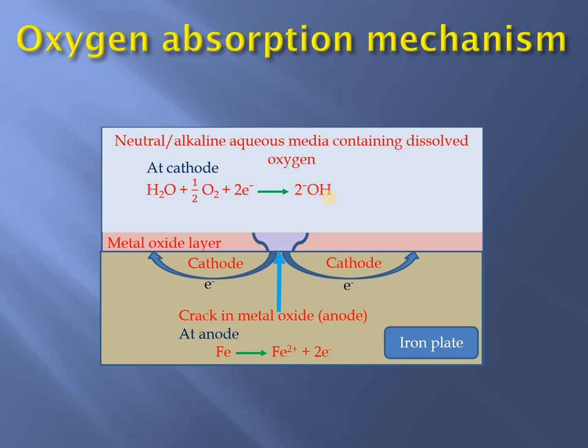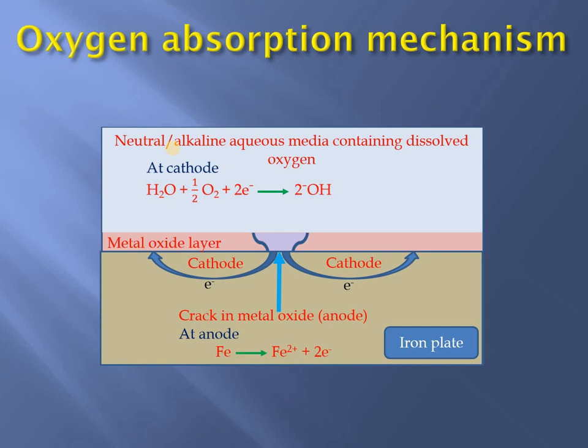And here, if the metal like Fe is there, then this metal will go into the electrolytic solution in the form of Fe2+, and this Fe2+ will react with the OH- to form Fe(OH)2.